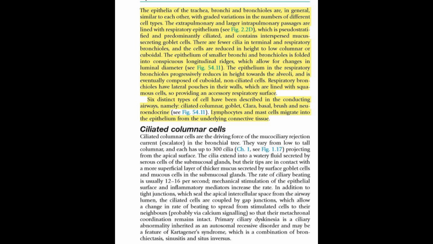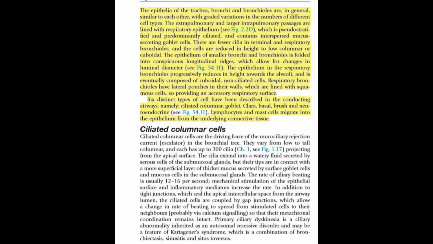So basically, you have more cilia and more stratification, or more levels of cells, at the level of the trachea. But as you move towards the bronchioles, the cells become thinner in length, and the amount of cilia on the apical surface also decreases.